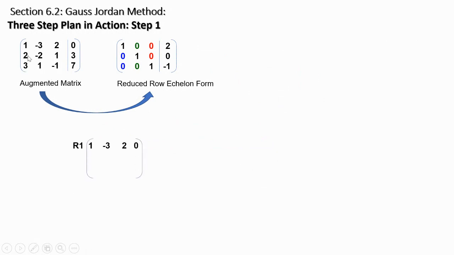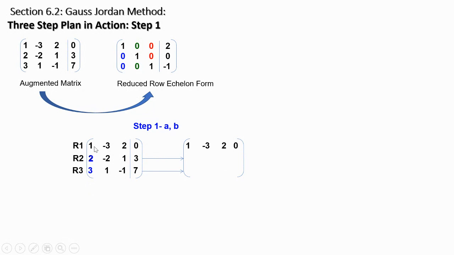So that has to be a 0 and also there a 0. How are we going to do it? I'm going to use row 1, so row 1 stays the same. There has to be a 0 where the 2 is, and also a 0 where the 3 is. So these two have to change to zeros. That's step 1, and everything is color-coded.